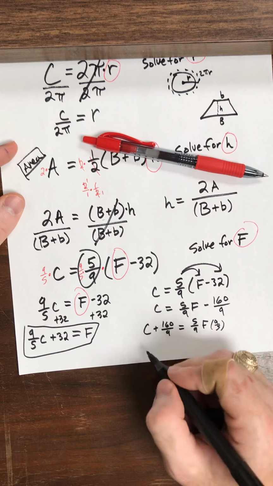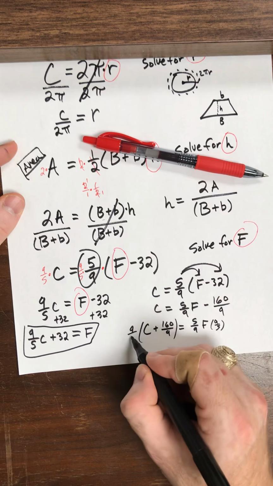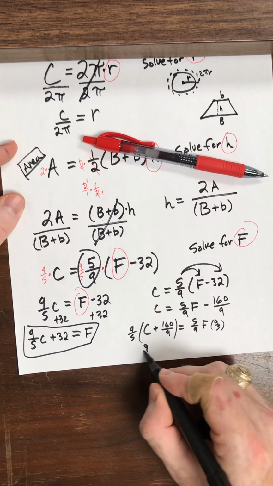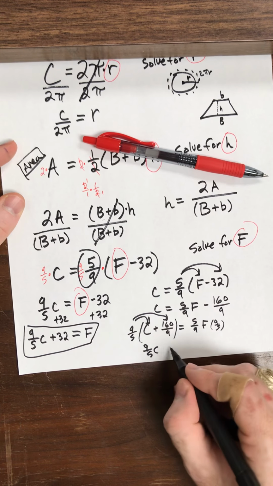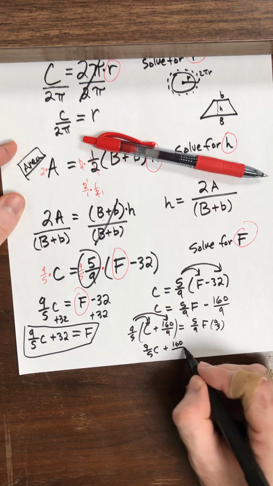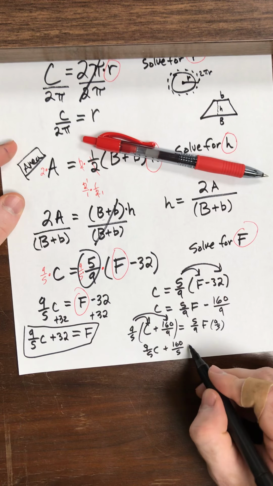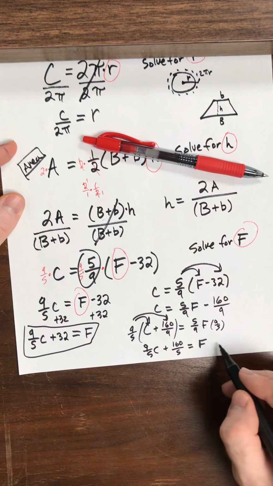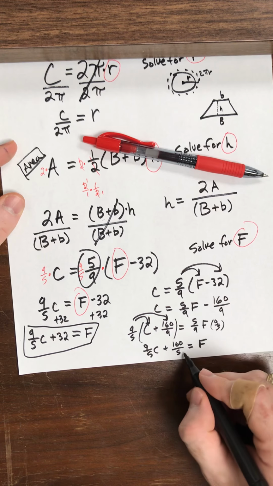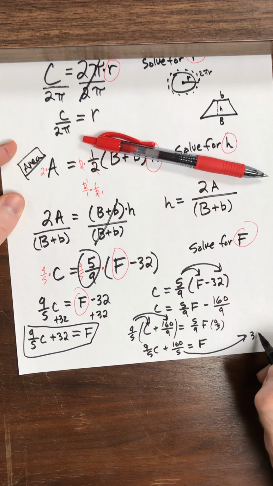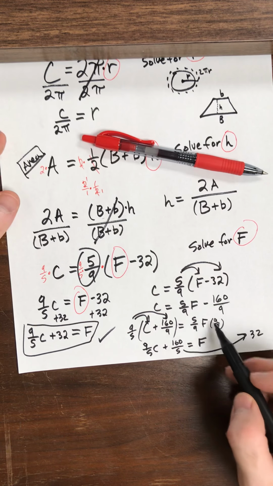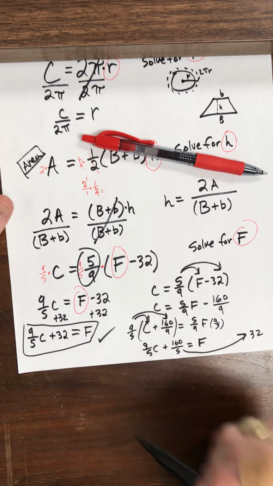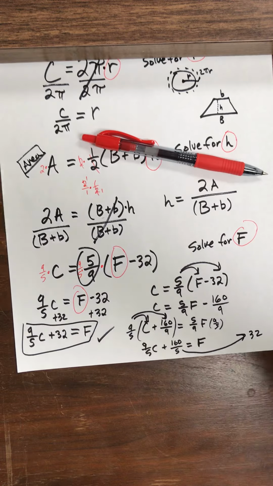And the 9/5 is going to help us out here because we'll get 9/5 c when we do this, but the 9 will cancel with this here, and I get 160 over 5, which actually does convert back to 32. So we still get the same answer because that's 32, all right? So it still works out. It's a little bit longer, so just be careful when you're working through these problems.